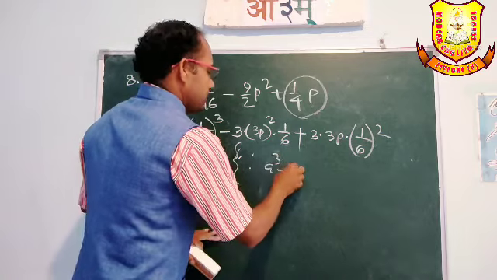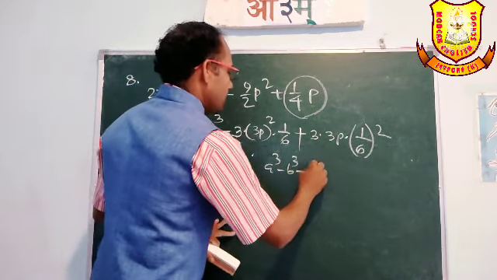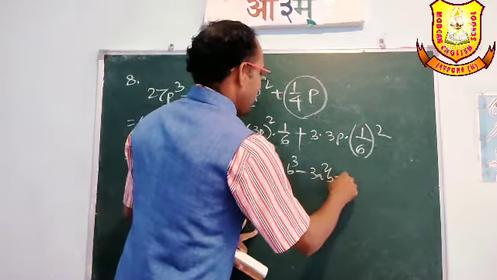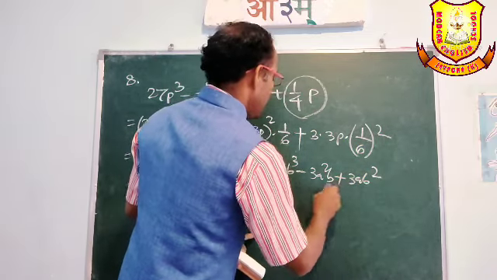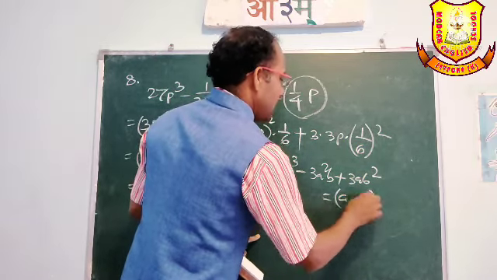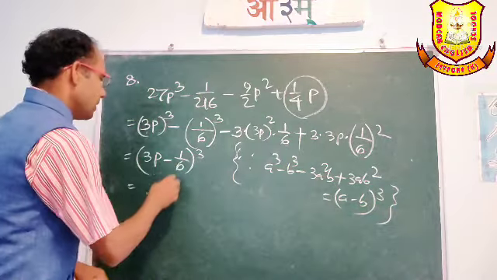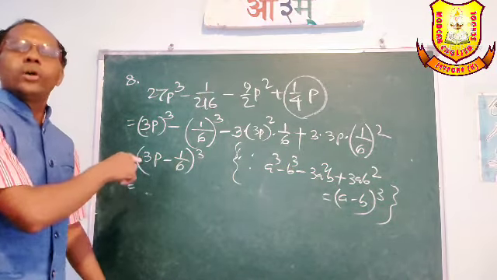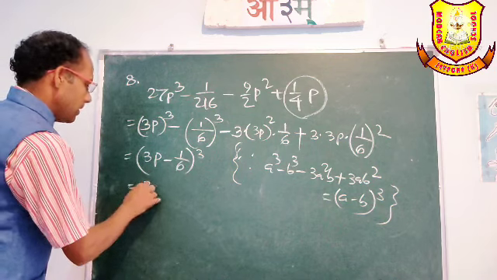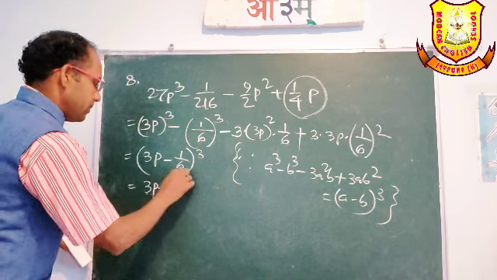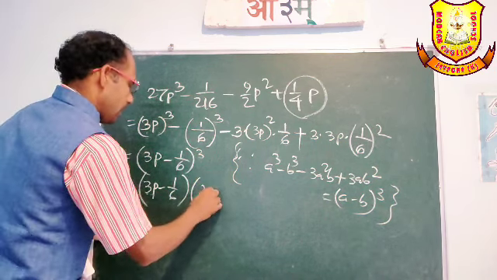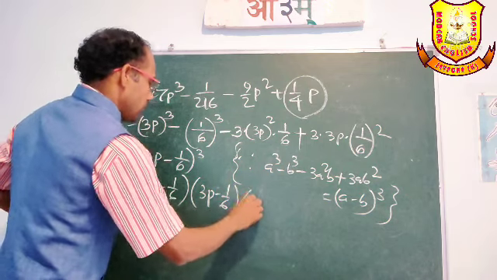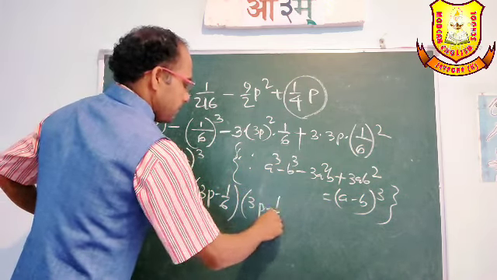So (a minus b) whole cube implies (a minus b) into (a minus b) into (a minus b).